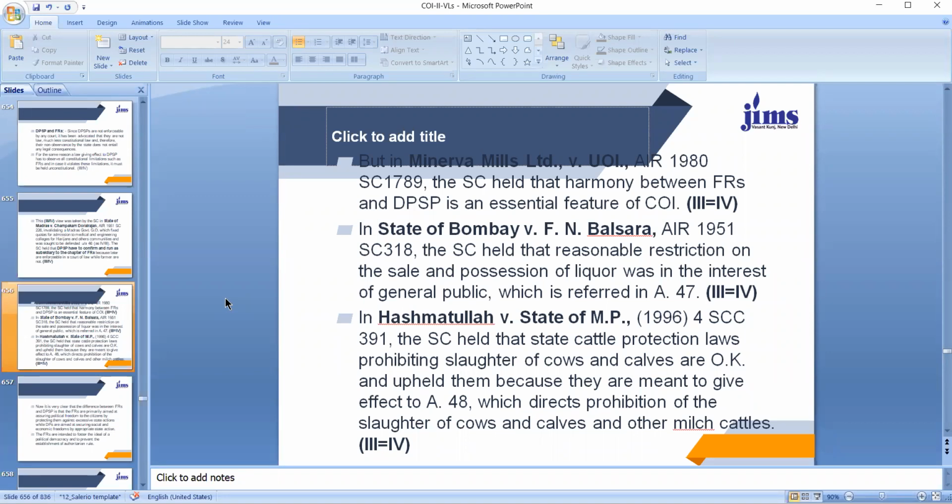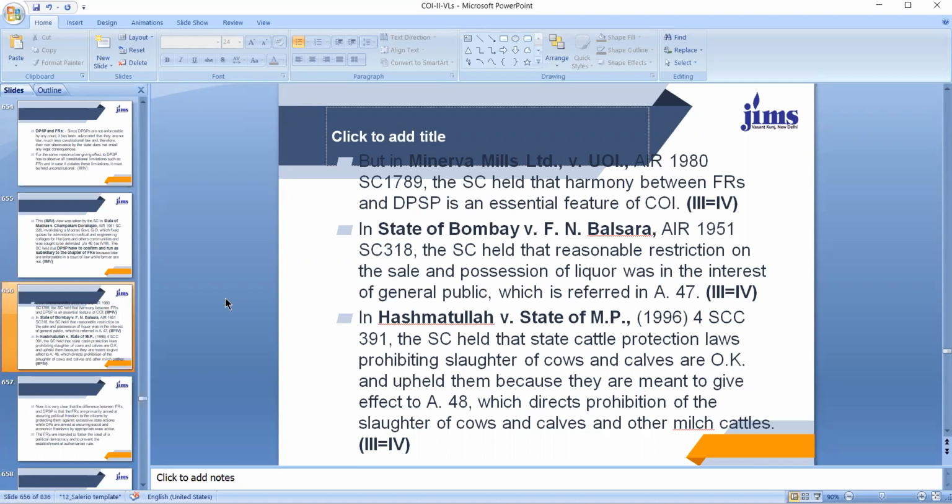So this restriction is in the interest of general public, and this restriction is in compliance of directive principle of state policy, which refers to prohibition of liquor. So the result of this case is also 3=4. If you have a fundamental right to drink alcohol, then directive principle said that there shall be reasonable restrictions on sale and possession of the liquor.